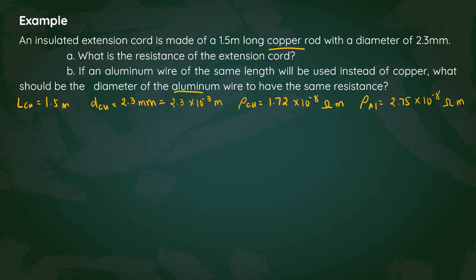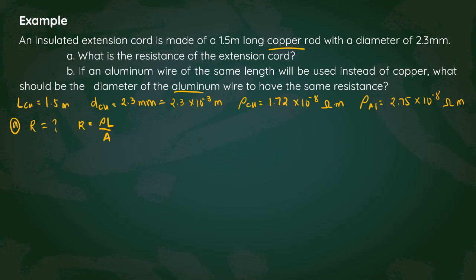So for letter A, we are asked to solve for the resistance of the extension cord. So what is the resistance equal to? First, we need to identify how we can solve for the resistance. Remember that resistance is equal to the resistivity multiplied by the length divided by the cross-sectional area.